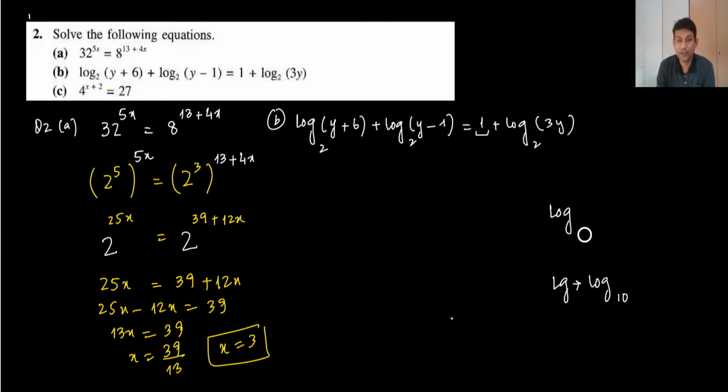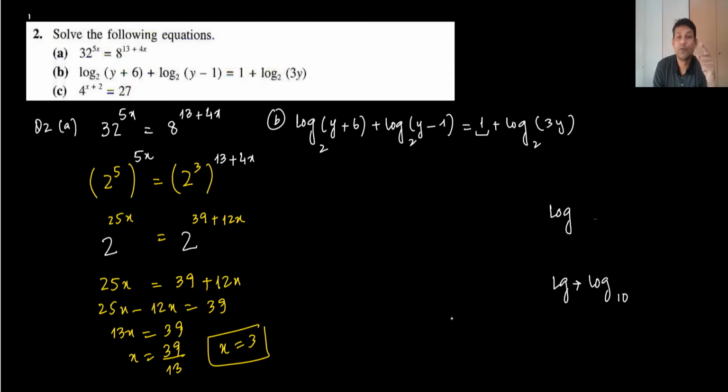You cannot ignore this. Only log is not base 10, that is a big mistake. But in the calculator, log is base 10. Once again, in the calculator, log is base 10. But in writing, please don't write log only. Write the base, like 2 or 5. But when you want to write 10, it's very simple to write only lg, because lg means it's automatically base 10.